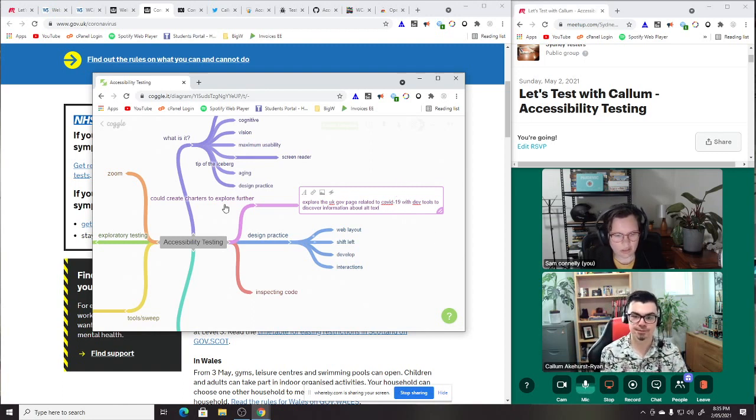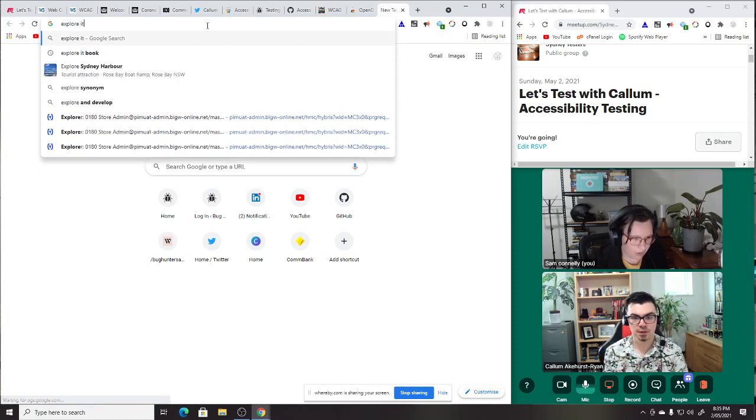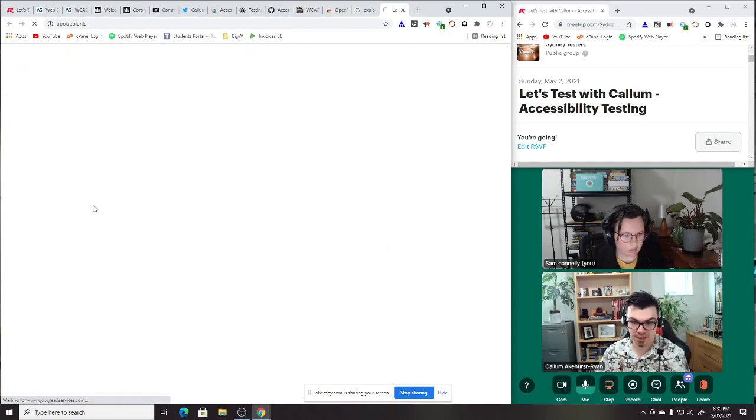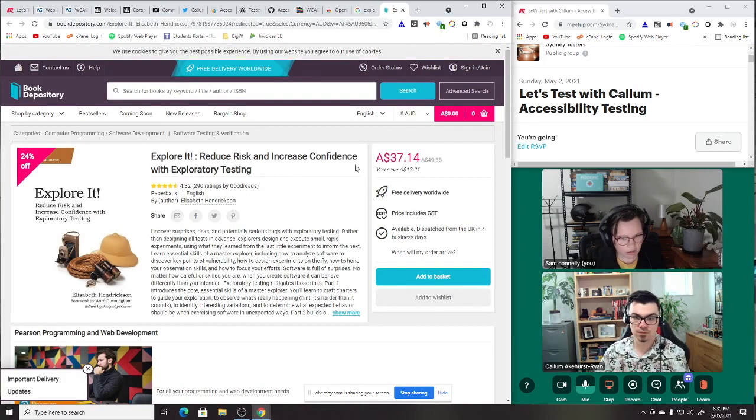I just wanted to give an example charter in case anyone is listening and they haven't heard the term before. If you do want to read more on how to use charters in exploratory testing, Explore It is a well-referenced book. I think it was released in 2005, so it is becoming a classic.